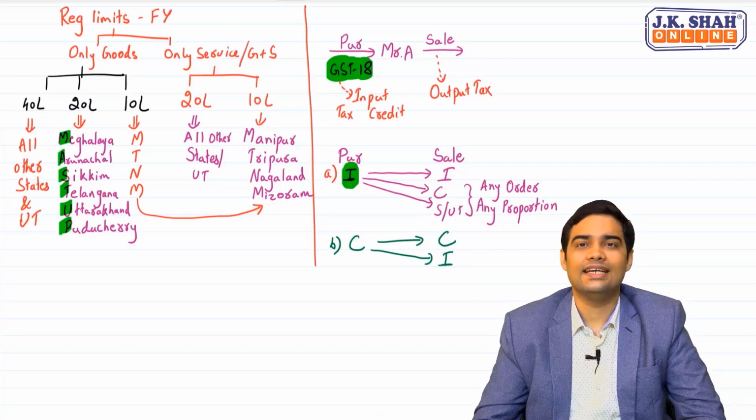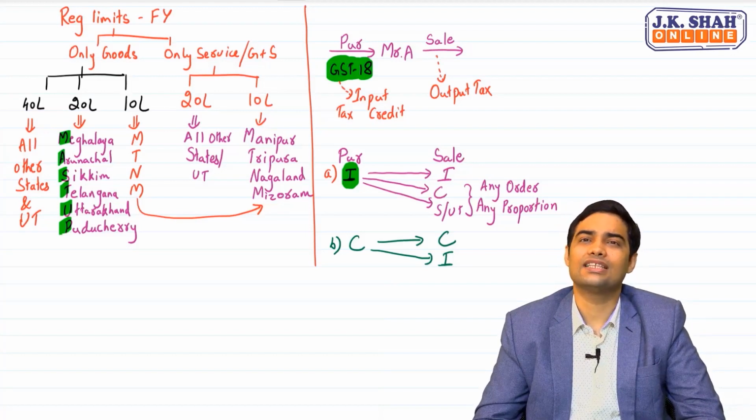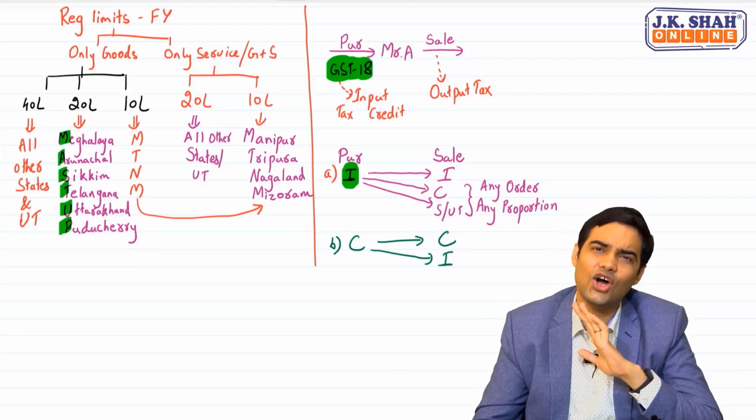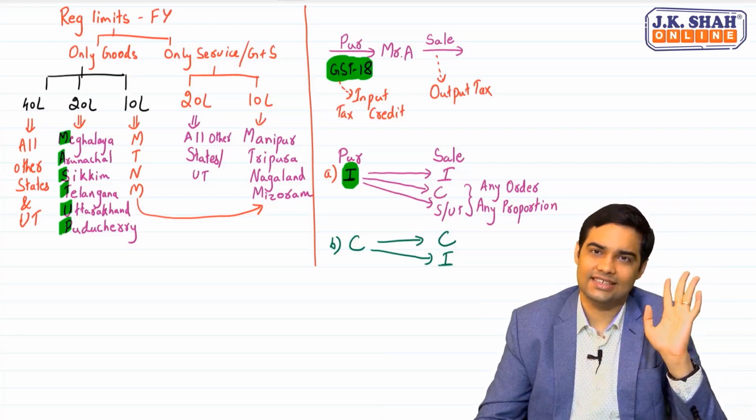Remember, C and S cannot be adjusted against each other. That would create differences between central and state government in case of transfer of each other's revenue. That's why the law has not permitted adjusting C with S or S with C.